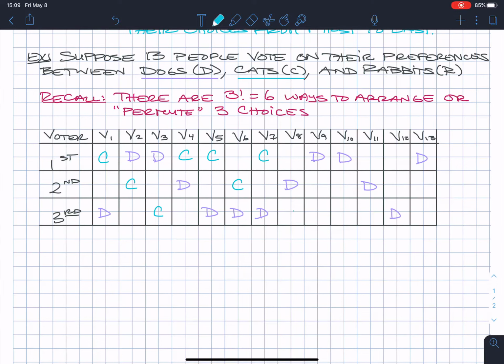For voter 8, last. For voter 9, second. For voter 10, cats was last. For voter 11, cats is first. For voter 12, cats is first. And for voter 13, cats will be second.